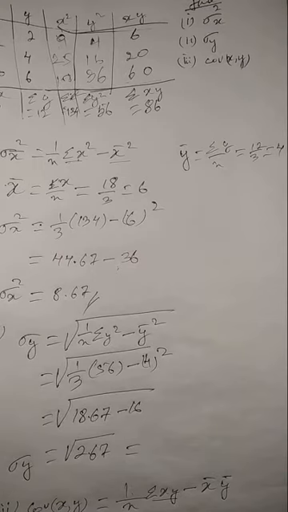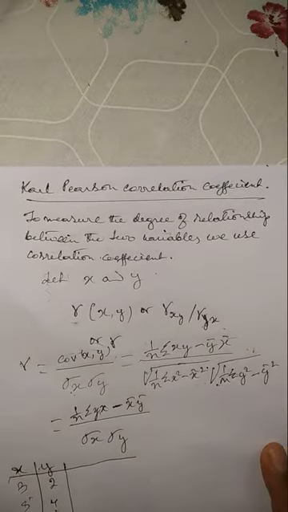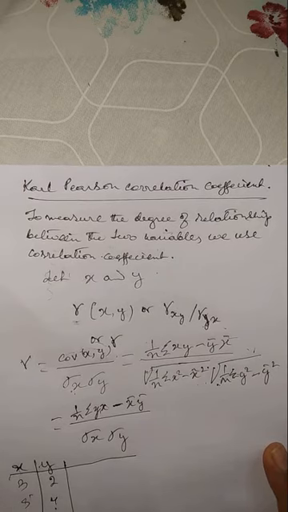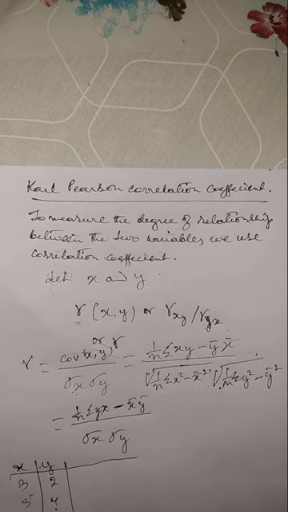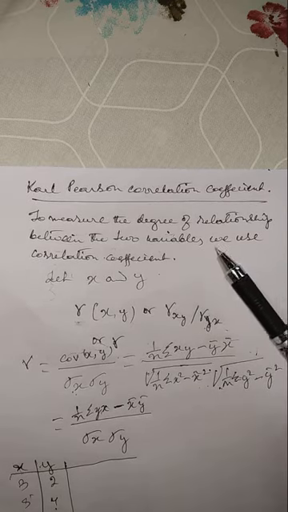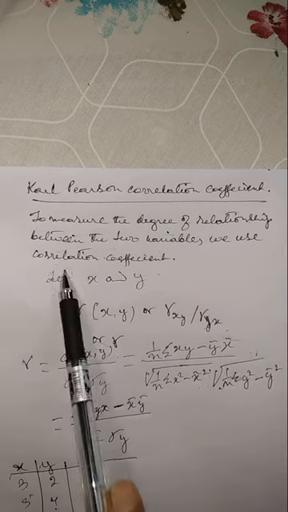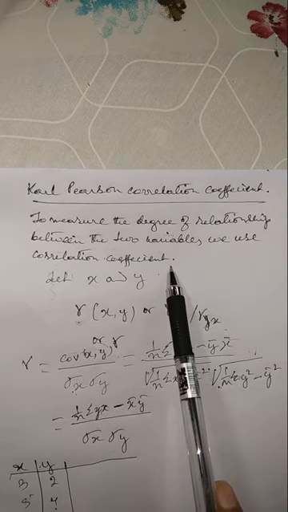Now let us come to the main topic, that is calculation of the correlation coefficient. So in correlation coefficient, we measure the degree of relationship. Okay, the correlation coefficient measures the degree of relationship between two variables. So statisticians use the correlation coefficient to measure the degree. Got it?